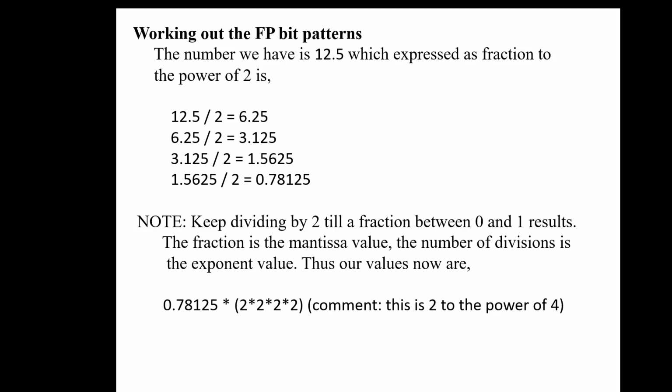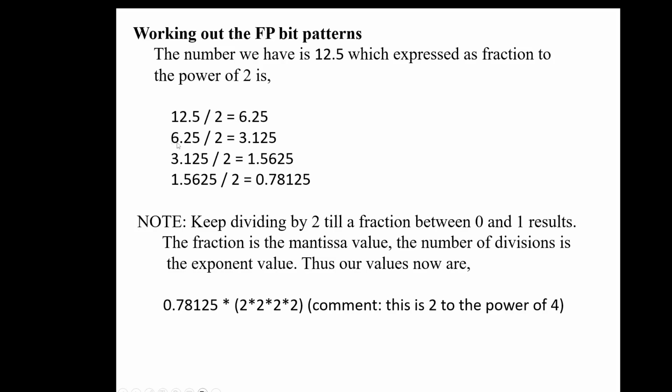How do we convert a number to its floating point equivalent? We just continually divide it by 2 until there will be no integer part. For example, if we convert 12.5, we first divide it by 2. So 12.5 divided by 2 becomes 6.25. We continue dividing this because the integer part is 6, which is non-zero.